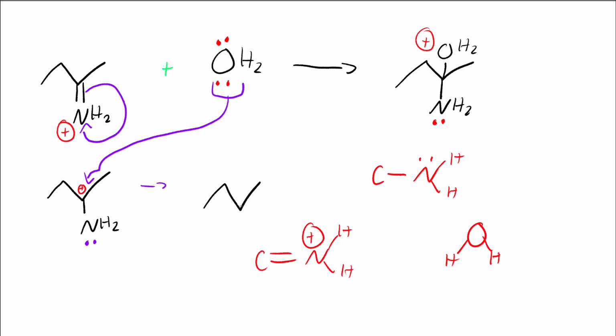So it would have this oxygen right there with the H2 and the nitrogen right there. And if you want a blown-up image of the oxygen, it looks like this.